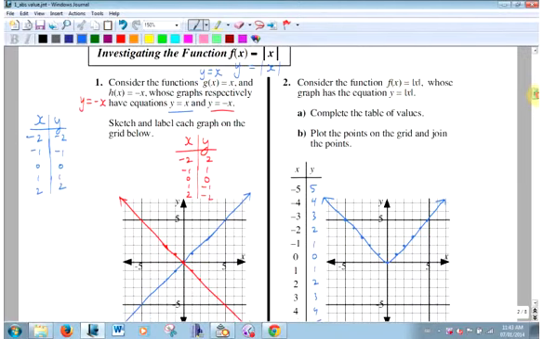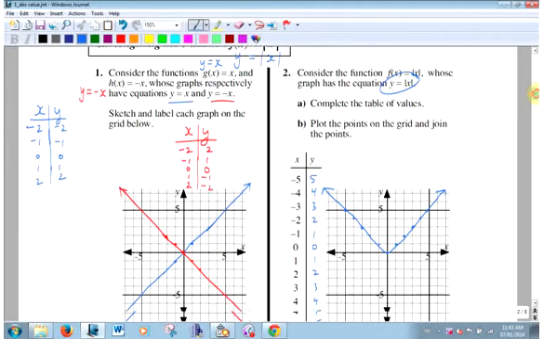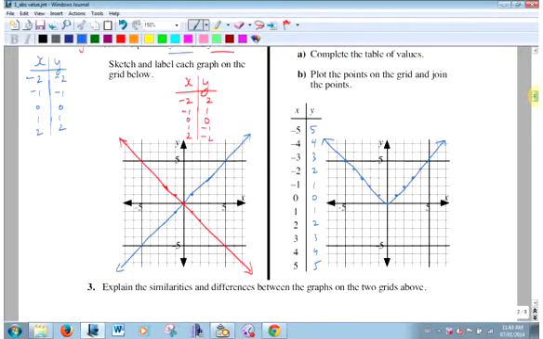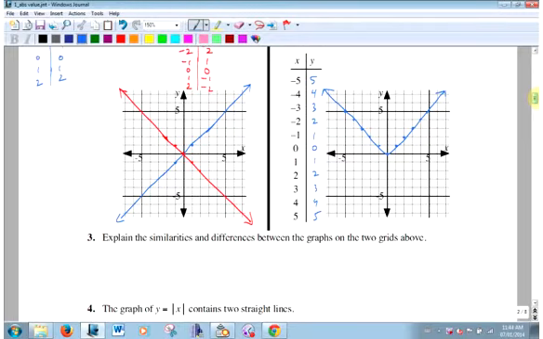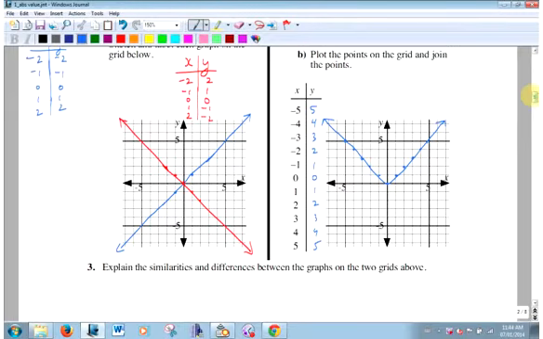Okay? So this was two separate functions. This is just one function. That's just y is the absolute value of x. Similarities and differences. Well, I hope you see visually, this is like just the stuff here that's in quadrant 1 and 2.